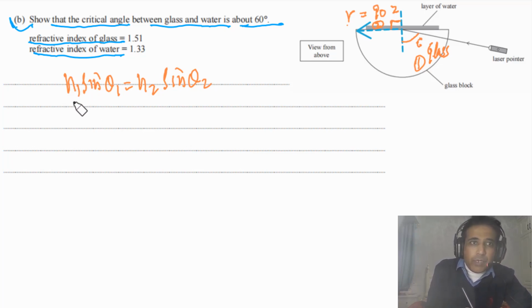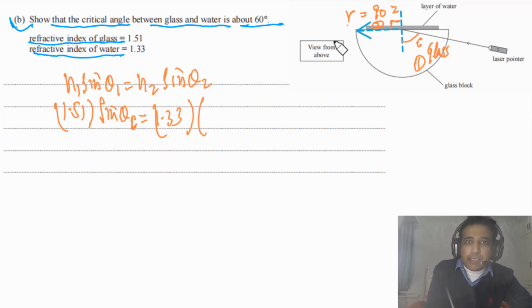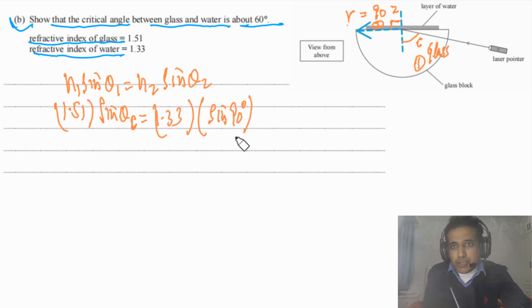So for medium 1, we have refractive index 1.51, sine of theta 1. We don't know the value of the angle, we need to find it out. We can say this is the critical angle. n2 is 1.33 and the angle has to be 90, so we have sine of 90 degrees.